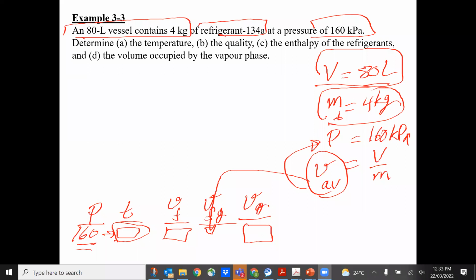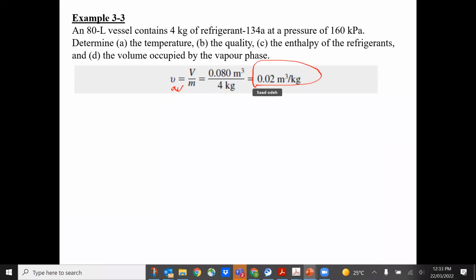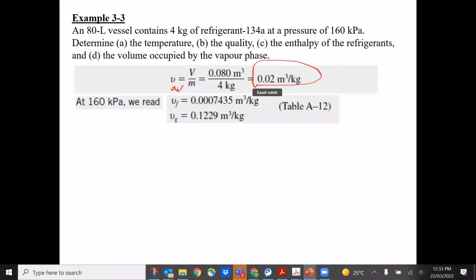Understand this, everyone? Probably if you go to the detailed question here, you will find it more. But first of all, as we said, we'll find the average. If I take this value and go to the tables, you'll find this value between VF and VG. Can you see here? VF is lower than V average, and VG is higher than V average.